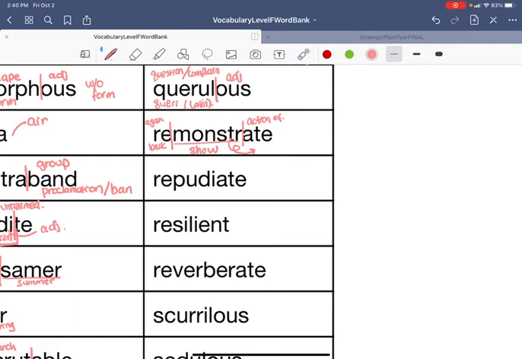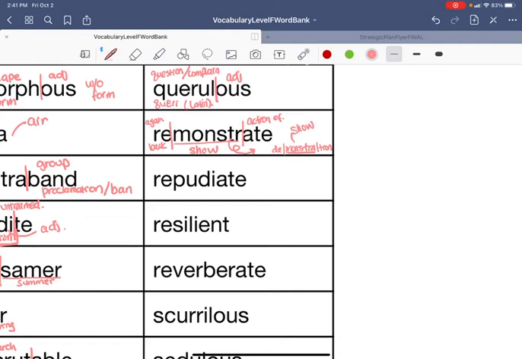Demonstration also comes from showing, right? De means of, and then monstration. Mostrar here, it's the same root, which is to show.